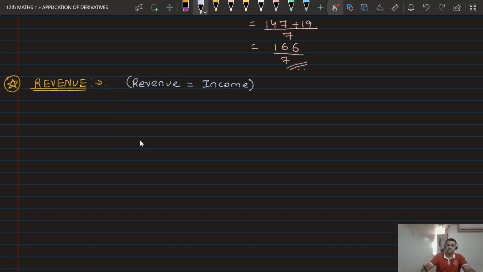Say for example, suppose you have a store of ready-made clothes, and some customer comes to you and tells you, sir, I want a t-shirt for myself and the cost of the t-shirt is, let us say, 500 rupees.